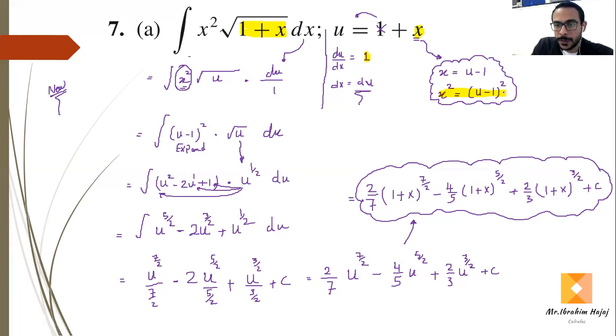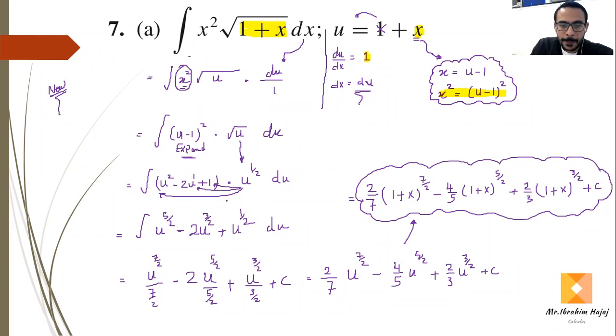So x squared is u minus 1 to the power 2. We have to expand u minus 1 squared: u squared, first times second times 2, and square the last, times radical u, which is u to the power half, du. The question is now in terms of what?